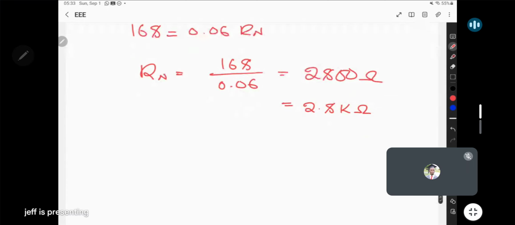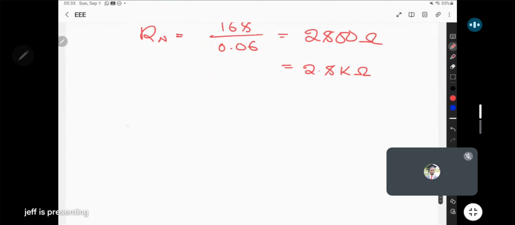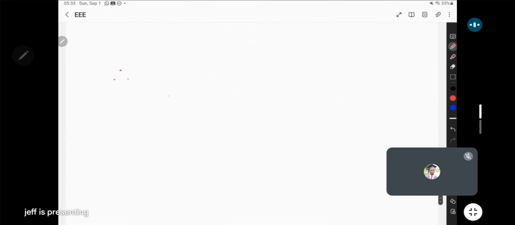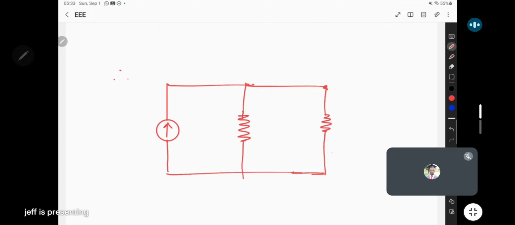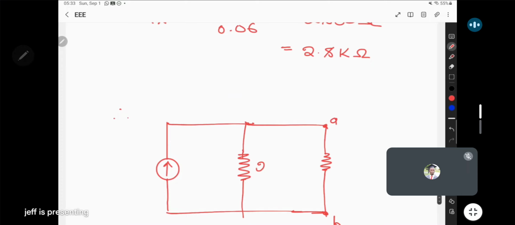So we now have R Norton and I Norton. Therefore, we can conclude our Norton's equivalent circuit will have a Norton's equivalent current connected in parallel with a resistor. So this is point B and this is point A. Our Norton's equivalent resistance is 2.8 kilo ohms.